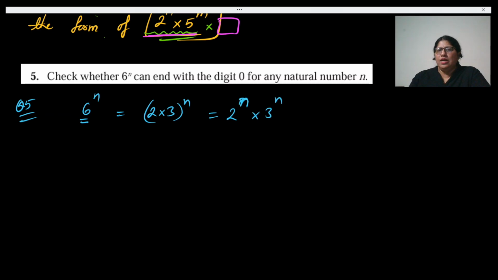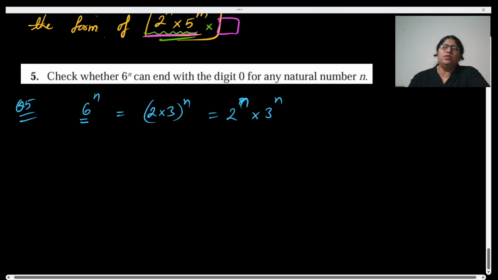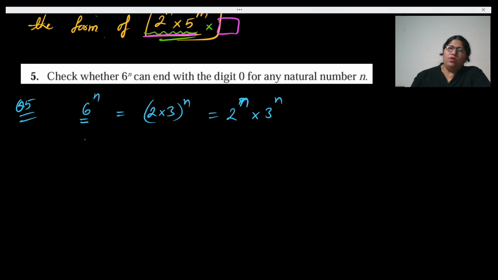Now do you see here, is it in the form of 2 to the power n into 5 to the power m? No, you don't have 5 as a factor in the prime factorization, only 2 is there. So will it end with 0? It will not end with 0. And what is the reason you will be writing here? You will write down it will not end with 0 because in the prime factorization of 6, we don't have 5 as its factor.